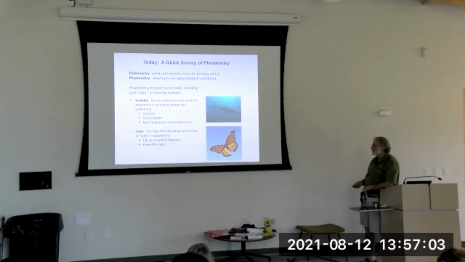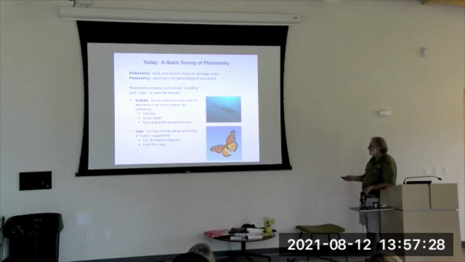We just haven't used them in here. We'll talk about color, which is this physiological concept, and we'll talk about how people define color and try to give it some coordinates or numbers that go with it. That'll introduce this thing called the CIE chromaticity diagram. And there's a Borel-Dula color index, and we'll talk about those things.